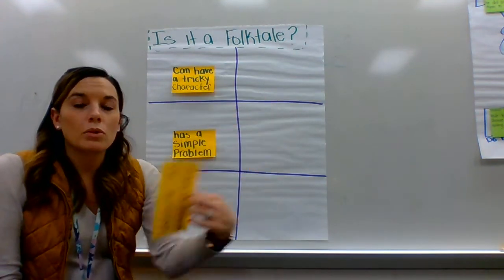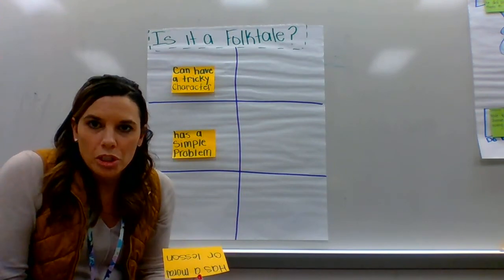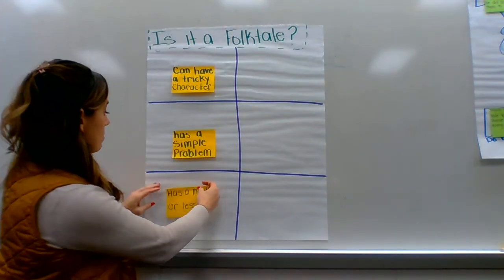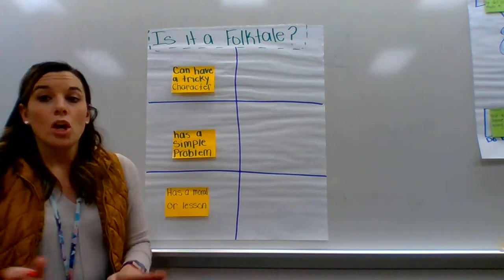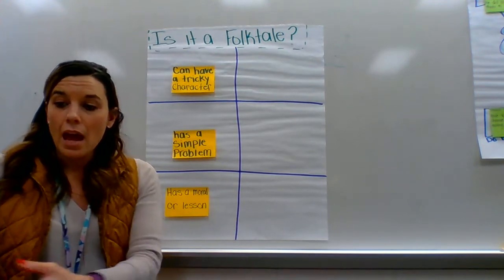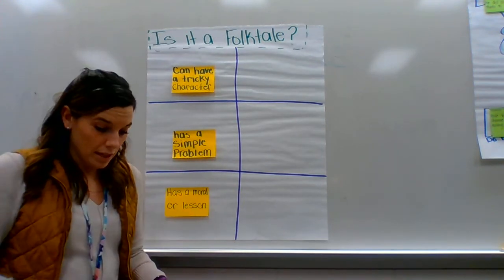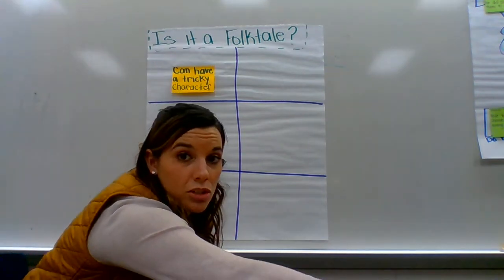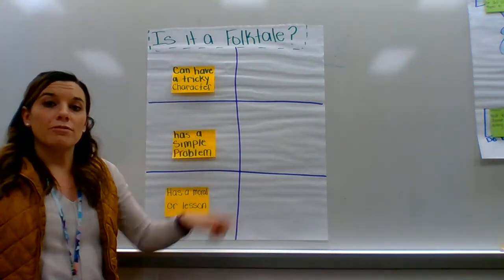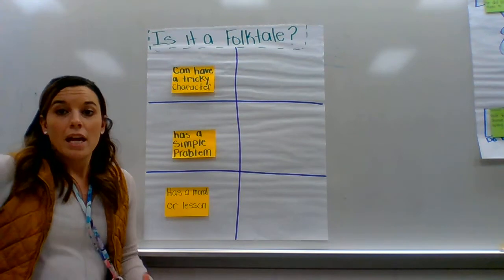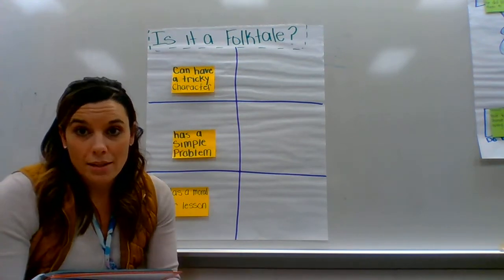Remember, a moral or lesson is what do we learn from the story, okay? Now, you're just going to listen again. I'm going to read you the antelope and cheetah story again, and then we will fill in our chart and decide if it's a folk tale or not, okay?